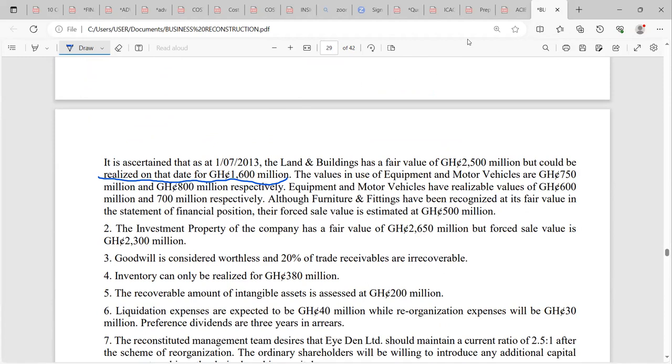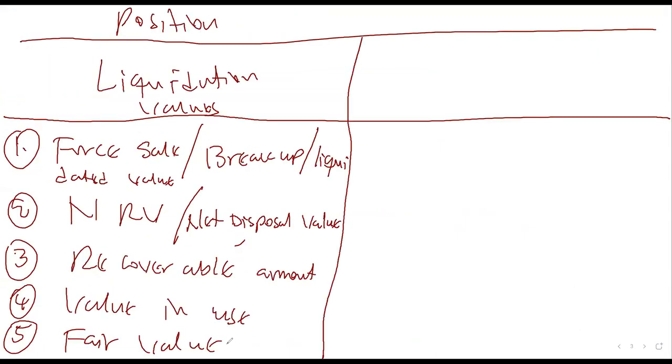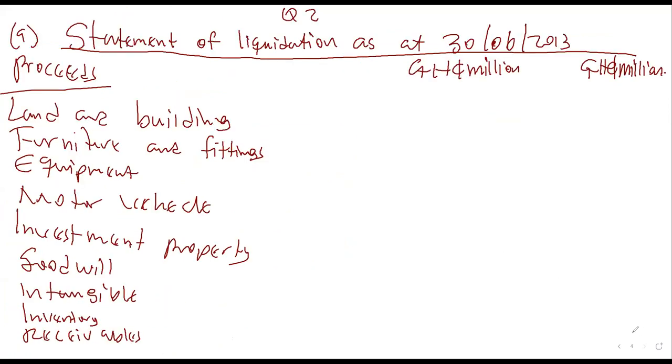The realizable value comes before fair value. Fair value is the last thing you have to pick on the list. Realizable value is second, so we'll pick that, and it's 1,600. So record it here nicely.